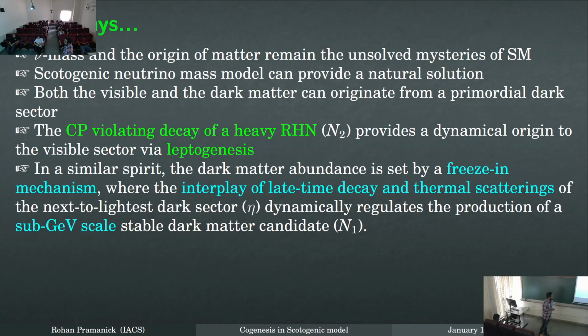And this has been achieved by an interplay between the late time decay and thermal scattering of the dark sector particle eta, which is kind of heavy, and there is always a CP violating decay, which will eventually give rise to the visible sector by leptogenesis, and this will eventually give rise to a sub-GeV scale dark matter candidate at the keV or GeV scale.